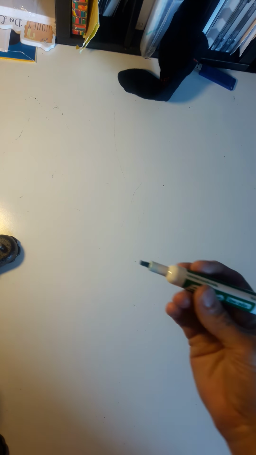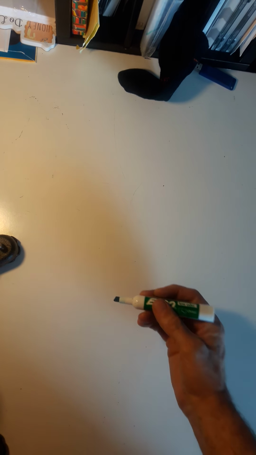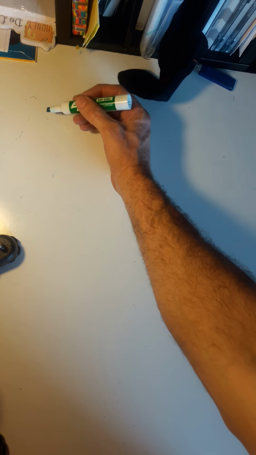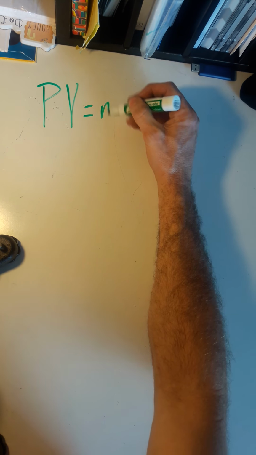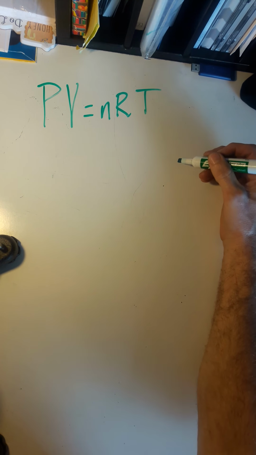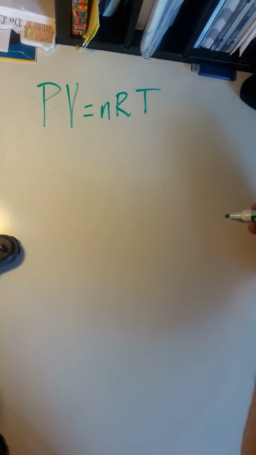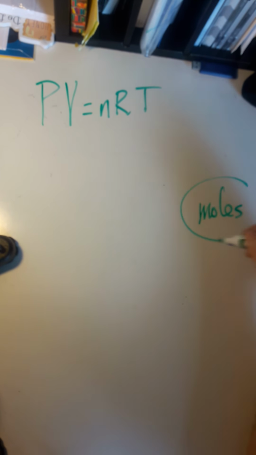So I did part 6C, part 1. If we think about this, we get our equation, PV equals nRT, right? In the mole map, we're trying to go from moles in the center.